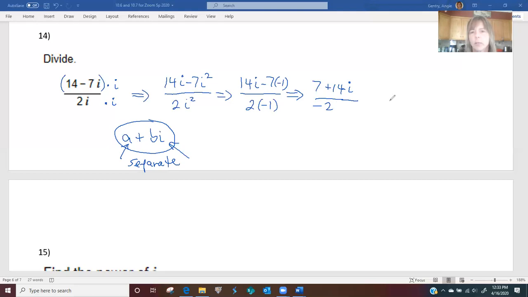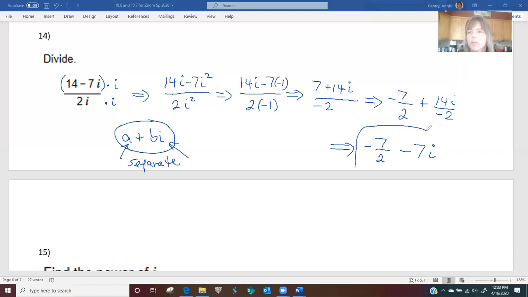So you need to split them up and say that's 7 divided by negative 2, plus 14i divided by negative 2. And that then simplifies: negative 14 divided by 2 is 7. So this is a little bit odd, but you need the real part first and then the imaginary part.